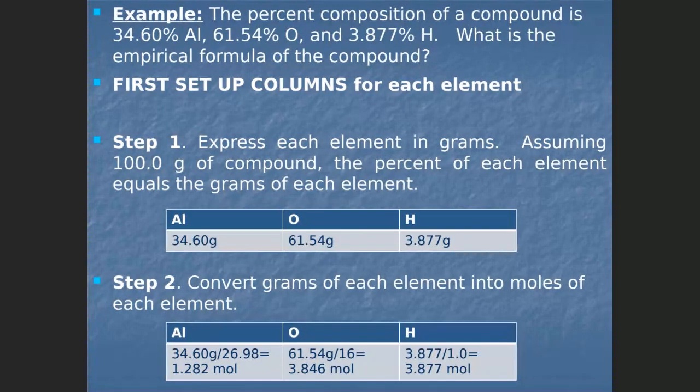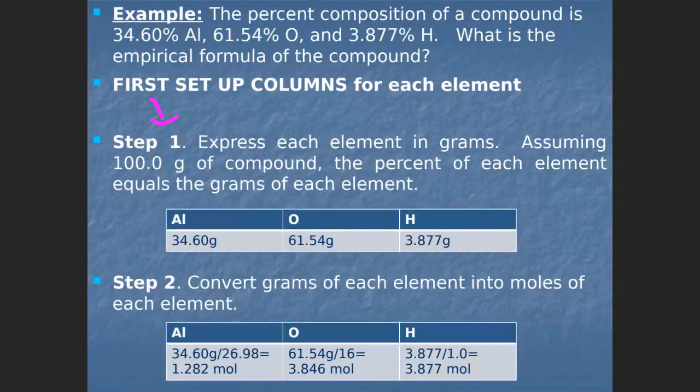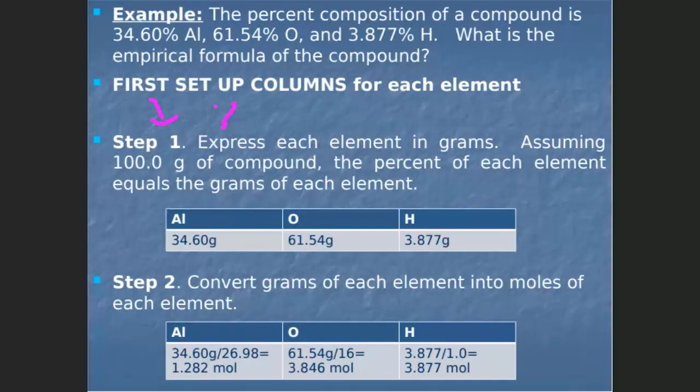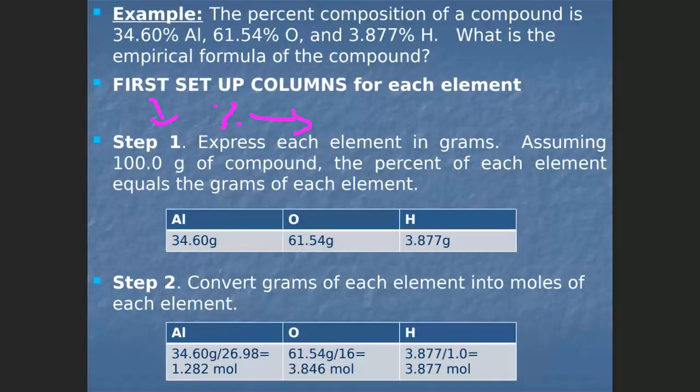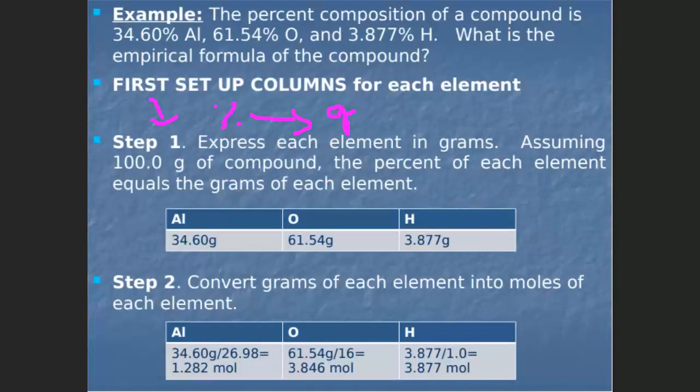First step, percentage to gram. You can also note it down. That's very easy. Percentage to gram. If we go back to the rule, actually the same rule is here. Whatever the percentage we have, we will make this type of table or just write in our notebook in grams.